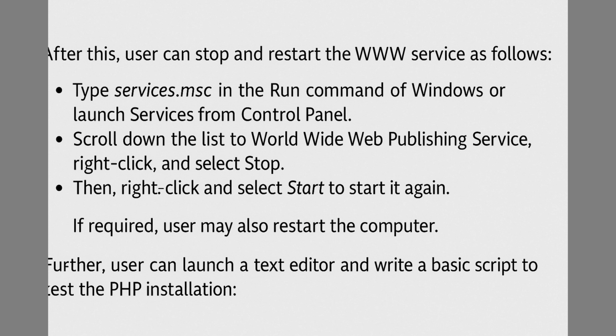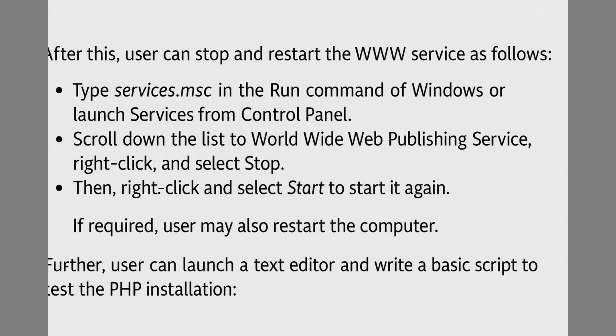Right-click on it and select Stop. After it stops completely, right-click again and choose Start to restart the service. In some cases, depending on system permissions or configuration changes, you might need to restart your computer to apply all the updates properly.